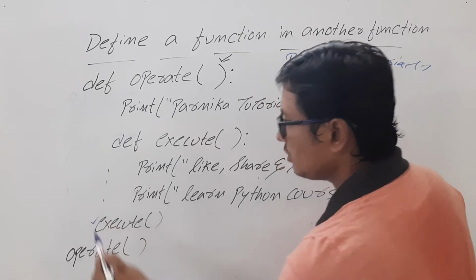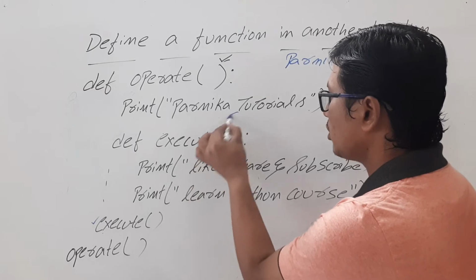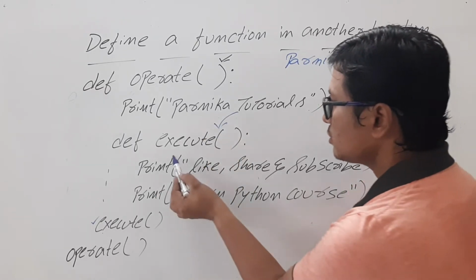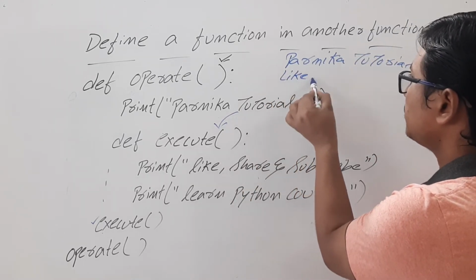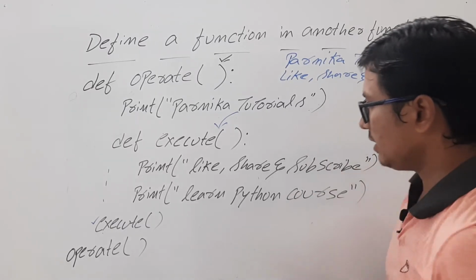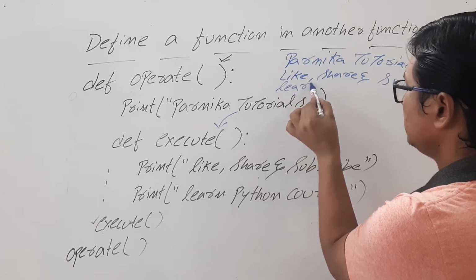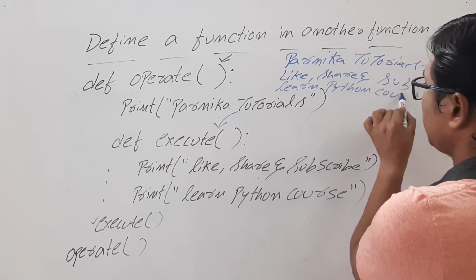Then you are calling the function execute. Once you call it, the control will go to the function definition called execute. So what statements are there? Like, share, subscribe. So you will get the output like, share and subscribe. And then one more statement will be executed: learn Python course. Is it clear?